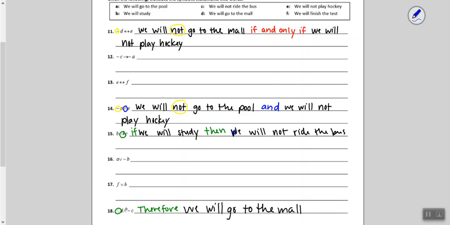Up arrow looks like the letter A, and negative C. We will not ride the bus, so since C is already negative, to use the squiggly line, we're going to get rid of the word not. So we will ride the bus.